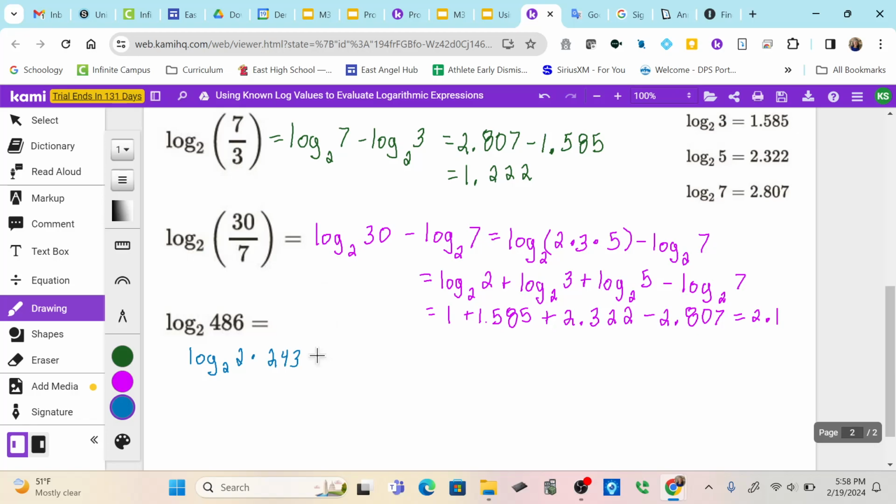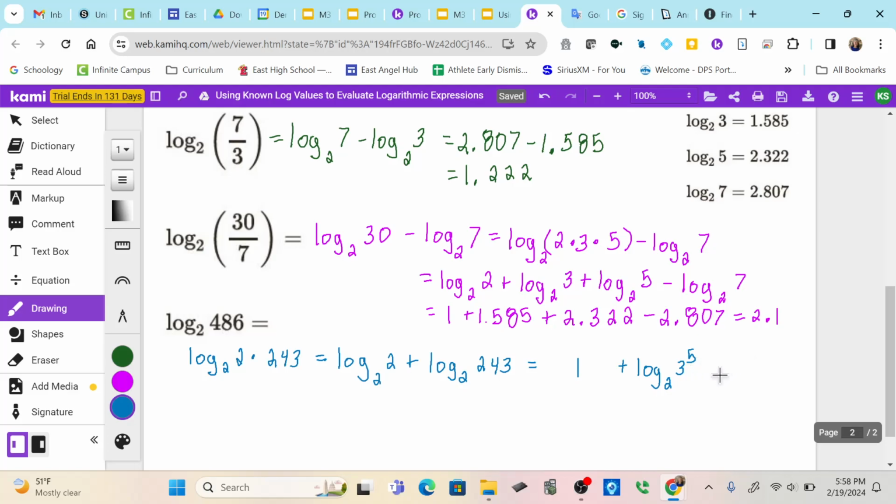So I can write this as log base 2 of 2 plus log base 2 of 243, and I just found that I can rewrite the 243 as 3 to the 5th, and we know that the value of log base 2 of 2 is 1.